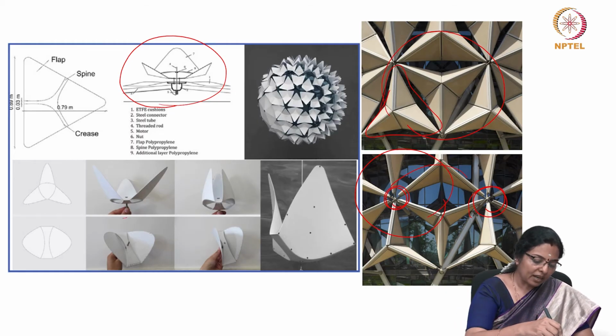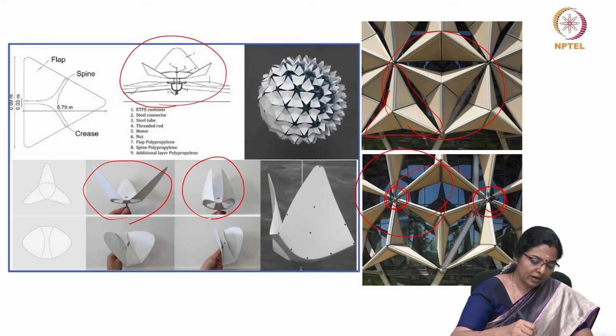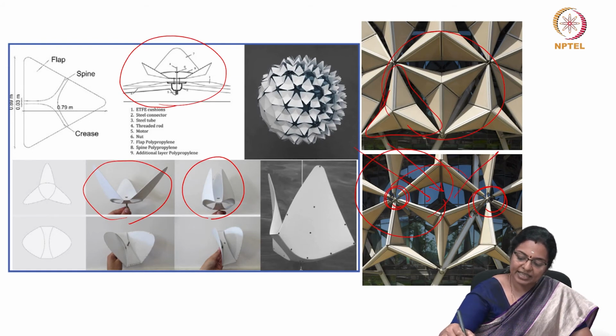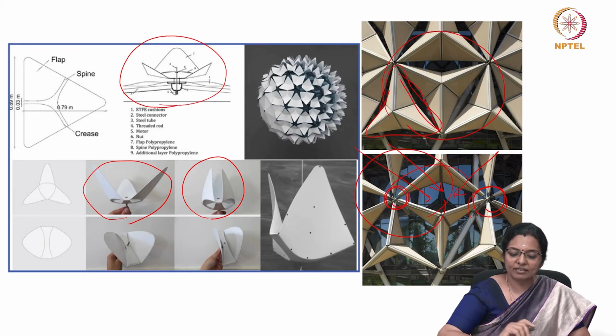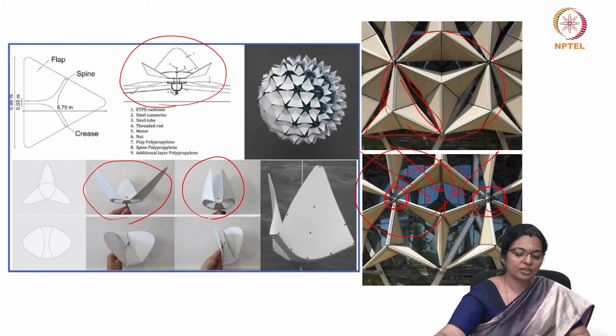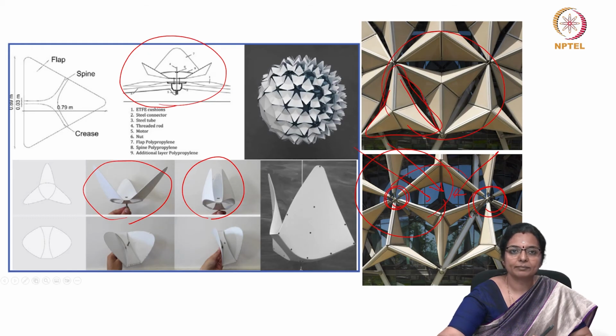So this is how it will flap out or flap in to prevent solar radiation as well as lighting from entering, or prevent the light or solar radiation from entering inside.